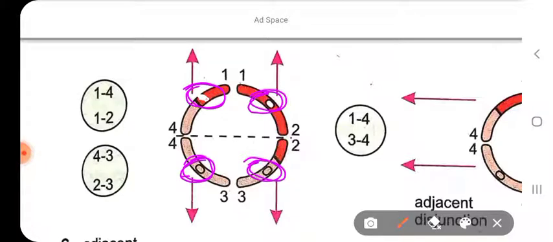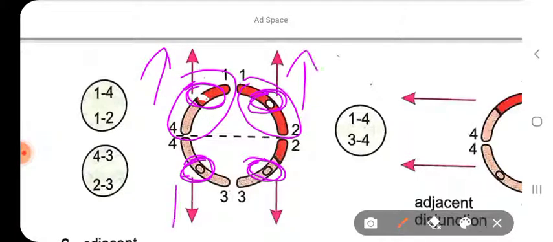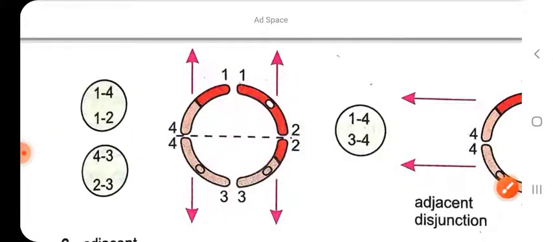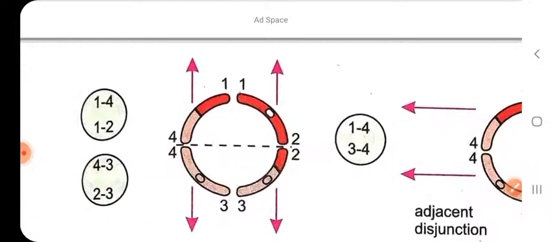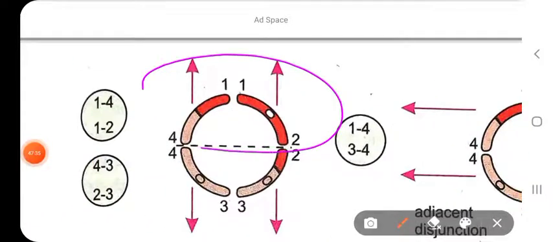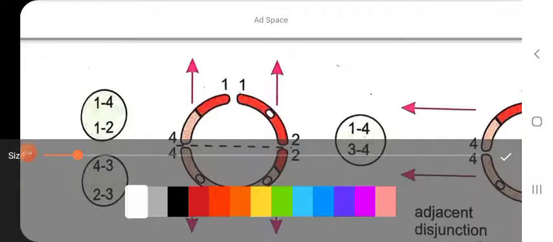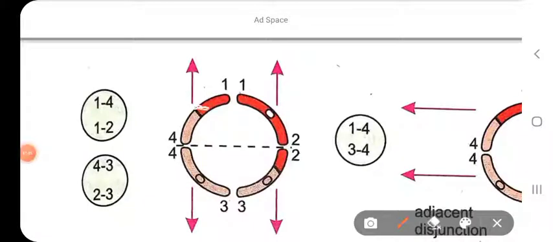So the two homologous centromeres, having one normal chromosome and one translocated chromosome, move to the opposite poles. So let me try to explain this. See the centromere that I have drawn on this side.